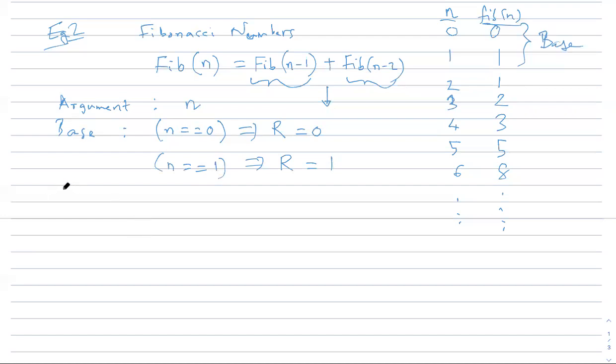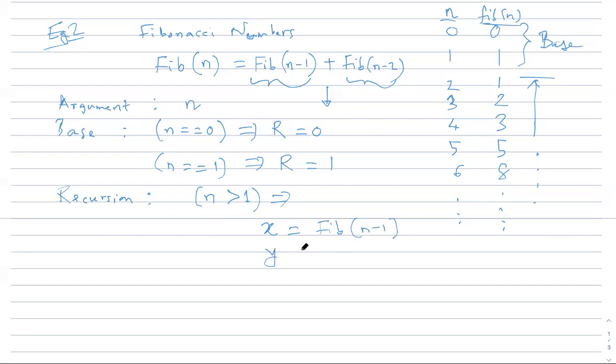And then the recursion case is when n is greater than 1, right? So this is basically starting from here onwards. So when n is greater than 1, then what is the decomposition step here? So we are computing x equal to fib of n minus 1, right?